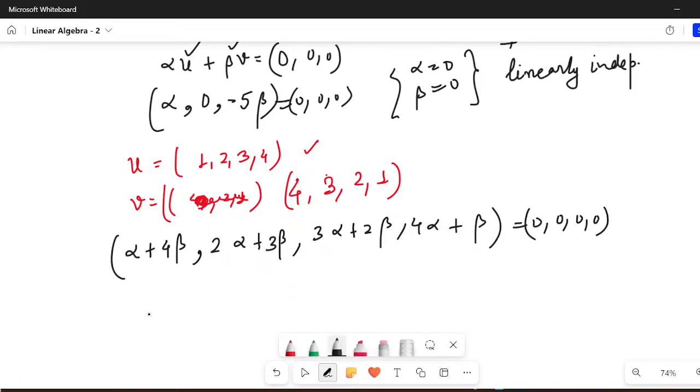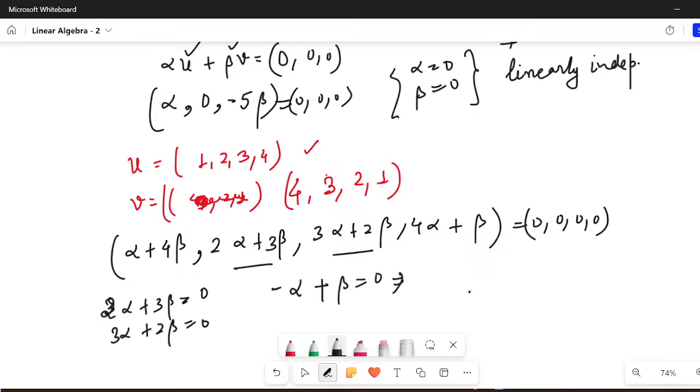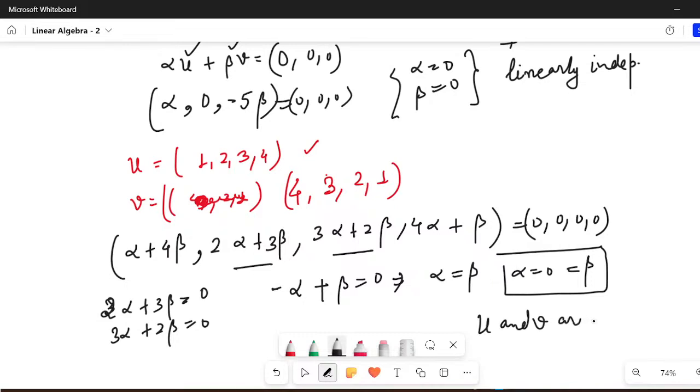From here I can clearly write 2 alpha plus 3 beta equal to 0, and 3 alpha plus 2 beta equal to 0, and if I subtract them, I'll get minus alpha plus beta is equal to 0, which implies alpha should be equal to beta. If I take alpha equal to beta, I'm going to get alpha equal to 0 and beta equal to 0. This is quite evident. So clearly I can say that my u and v are linearly independent of each other.